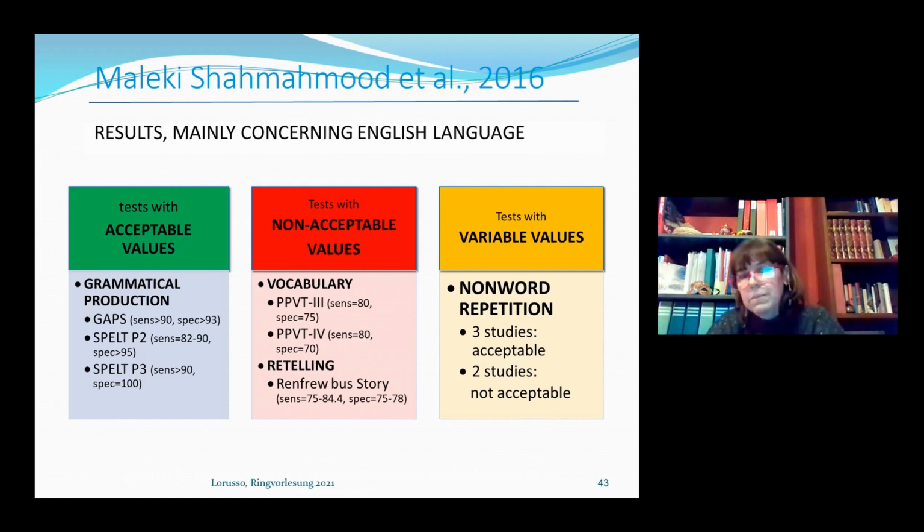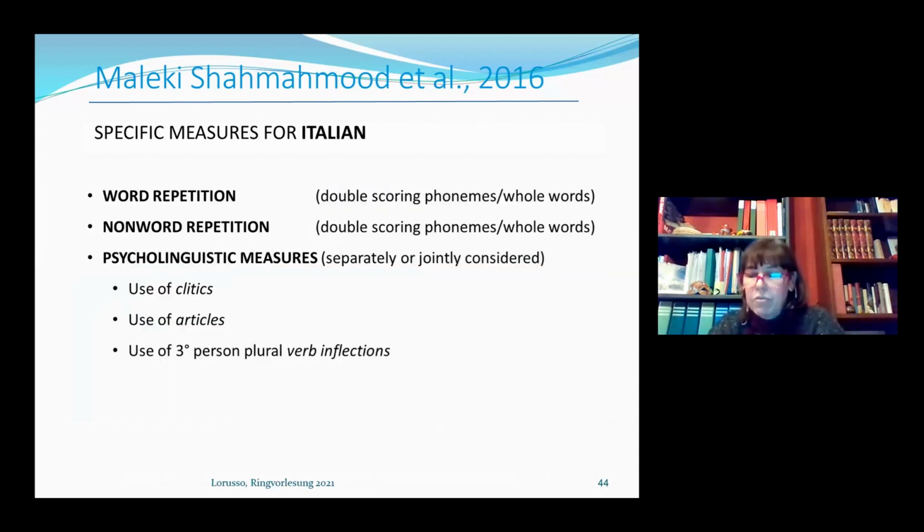Surprisingly, some tests tapping vocabulary or narrative production did not turn out to have acceptable values. For Italian, especially, and Italian is one of the languages we focused on, measures which had acceptable specificity and sensitivity were word repetition, non-word repetition, and some psycholinguistic measures such as use of clitics, use of articles, and use of third-person plural verb inflections.